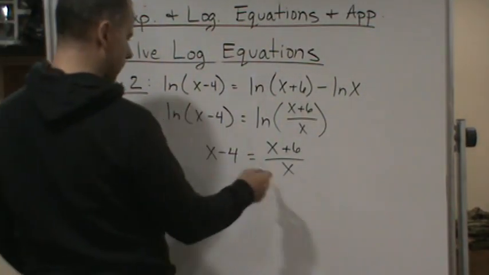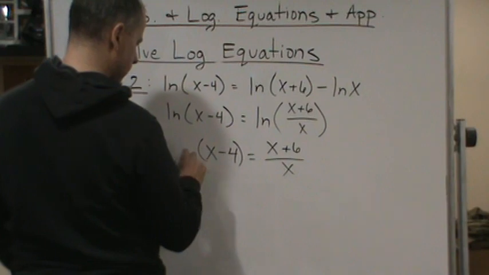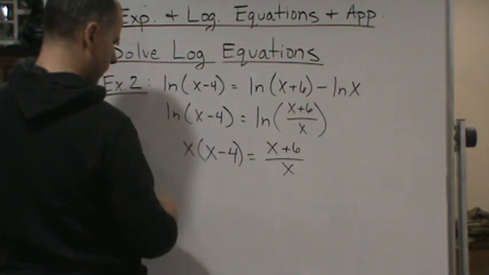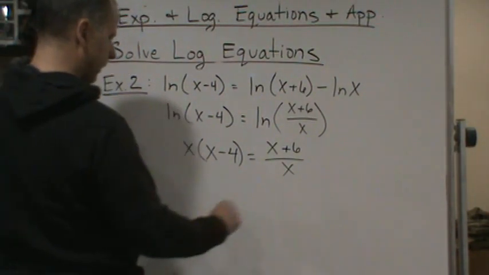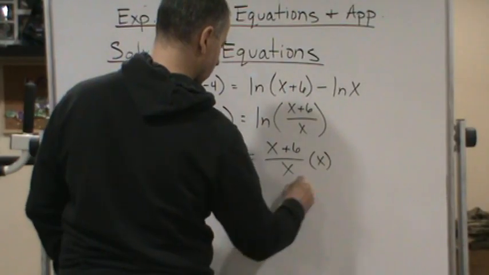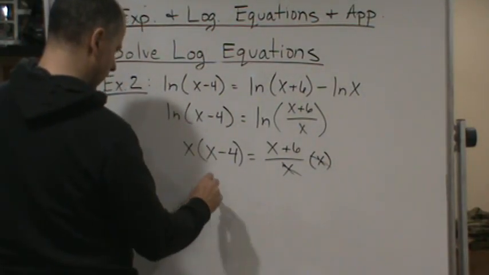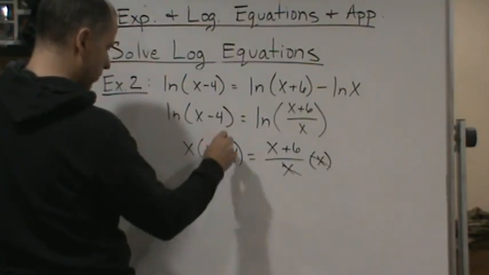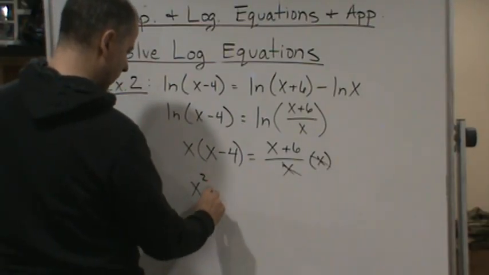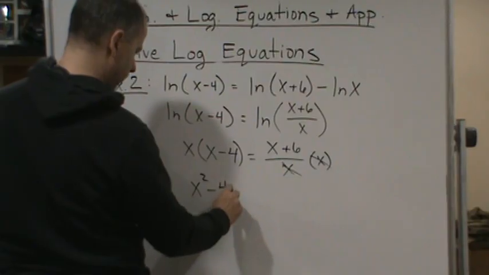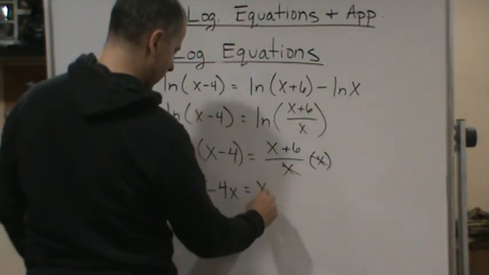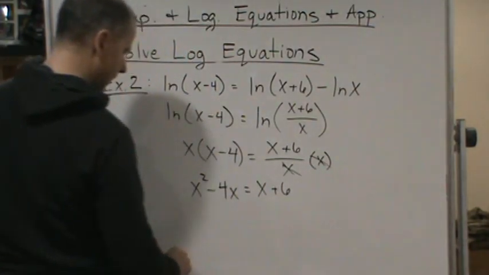And so now I can multiply both sides by x, right? And so now, if I distribute here, I get x squared minus 4x is equal to x plus 6.